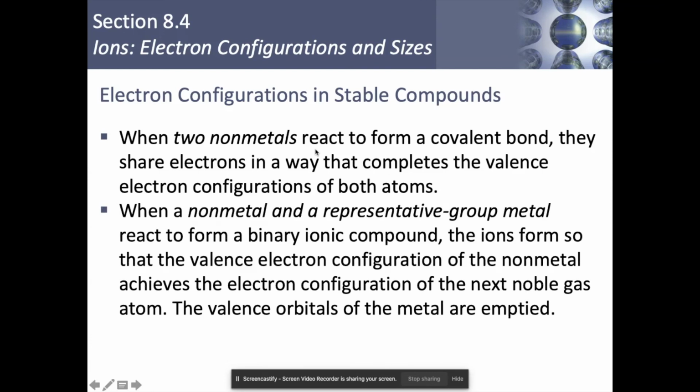Now, when a nonmetal and a main group metal react, they form ionic compounds because, again, when you form ions, the valence electron configuration of the nonmetal basically becomes the electron configuration of a noble gas. And normally, for a main group metal, the valence orbitals of the metal are totally and completely emptied.